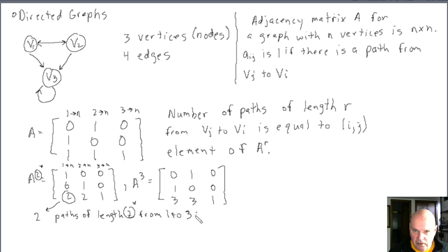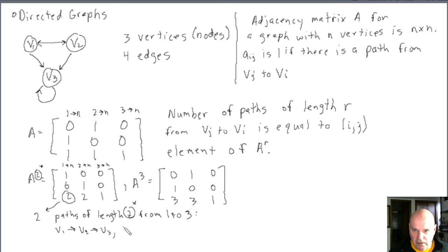And so I should be able to find those. So 2 paths of length 2: one would be the V1, V2, V3 path. That's of length 2, it's got 2 edges.